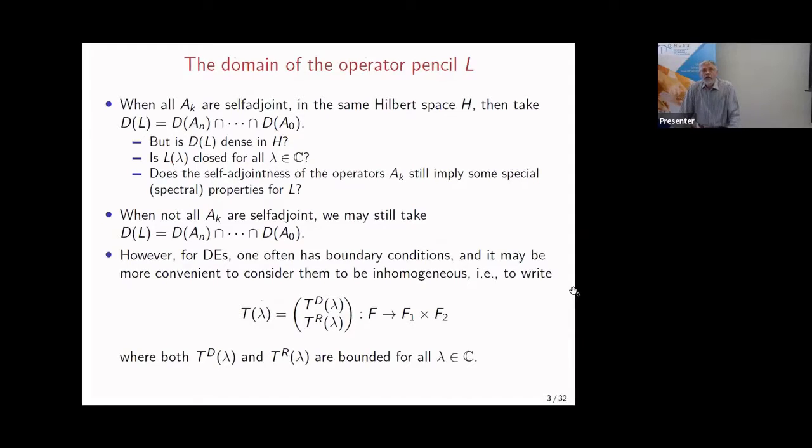Now, when all the A_k are self-adjoint, okay, I'm swapping a little bit between self-adjoint and non-self-adjoint cases, as you see, to give different aspects, then we can take the domain of L as the intersection of the domains of all the individual operators in that sum.